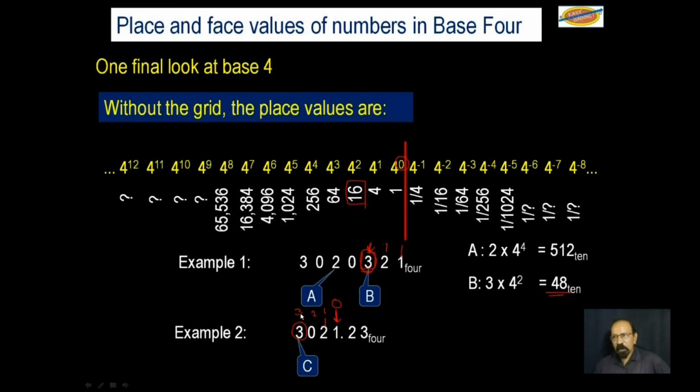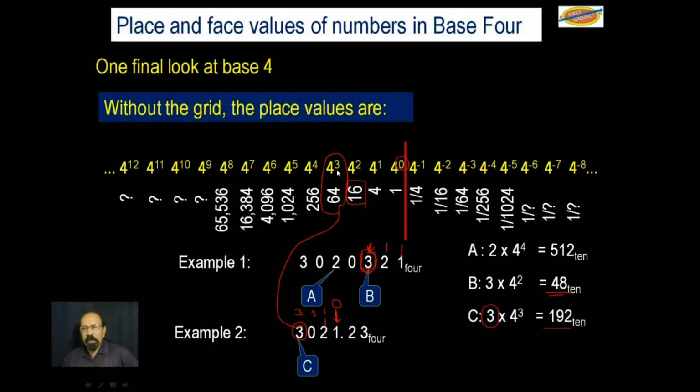So this 3 is in the position 4 to the third power, that is 64. And if you take into account the face value in base 10, it is equivalent to 192.